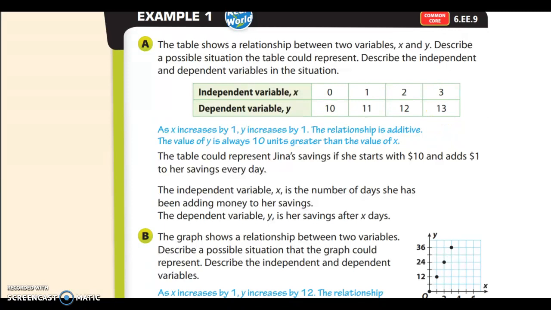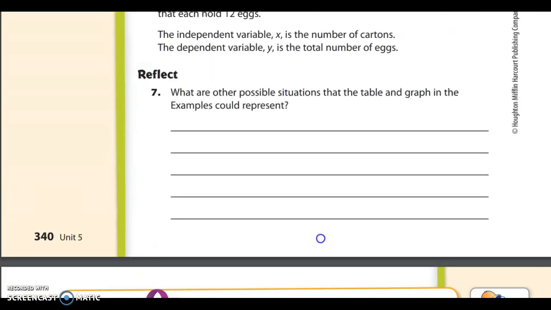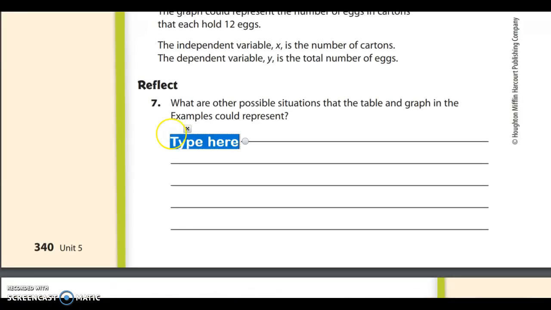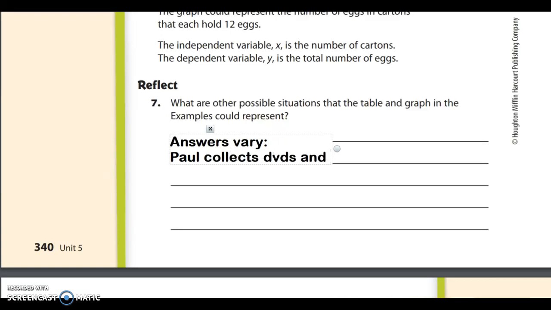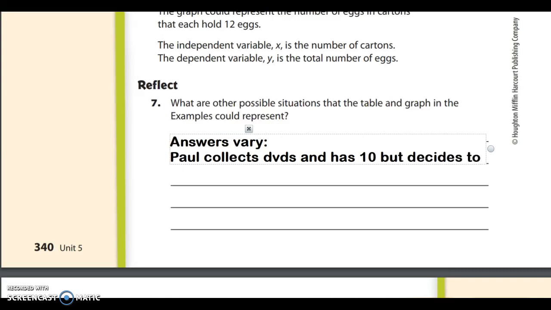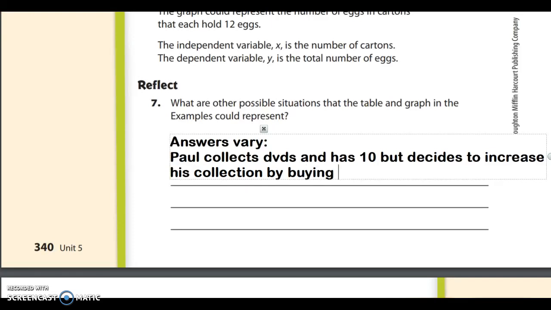So I'm going to go ahead and put that into words. And we'll do the graph example in just a minute. So remember we said the answers vary here. But you could say something like this. I just made up a name. Paul collects DVDs and has 10, but decides to increase his collection by buying 1 per day.